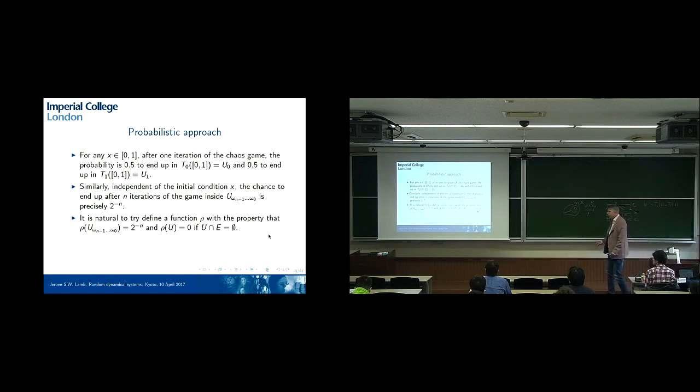That's not so difficult because there was a chance of a half to get here, a half to get here. And then to get here, of course, is a half times a half, so a quarter to get here, a quarter to get here, etc. That's all not so surprising. So you have a half to get in U_0, a half to get in U_1. Similarly, I have the chance to get in some of the subsets with n symbols, and the chance is 2 to the minus n.